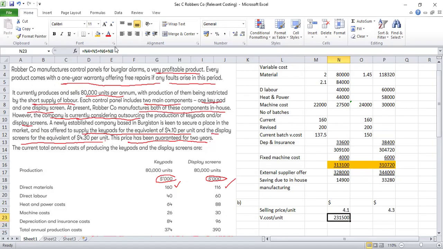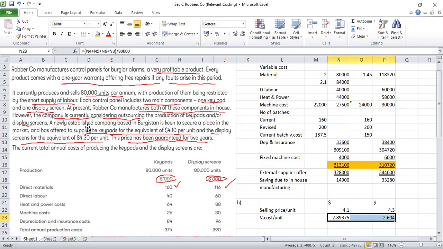The sum of these values is divided by 80,000. It is 2.89. Similarly here, this plus this plus this, divided by 80,000. It is 2.60.